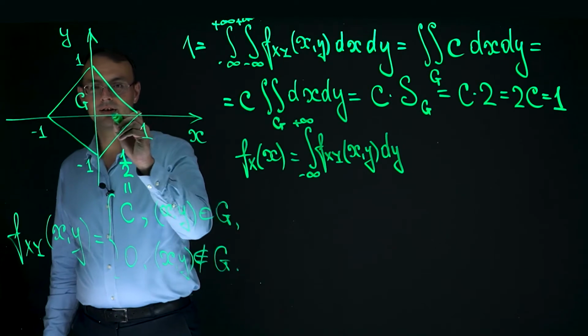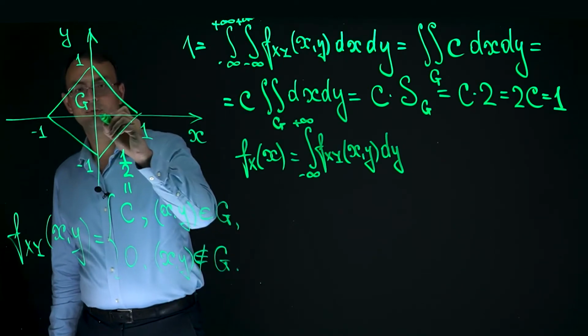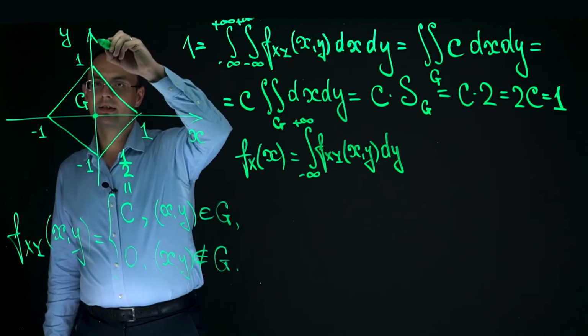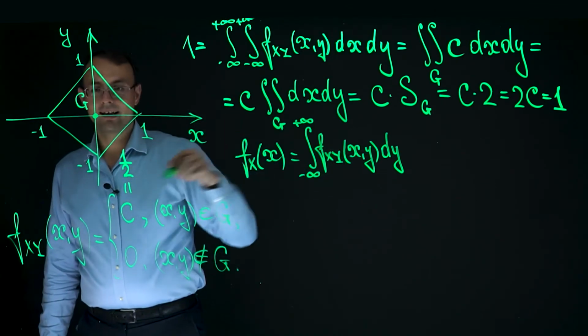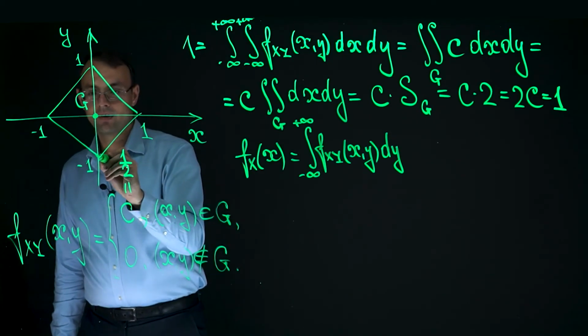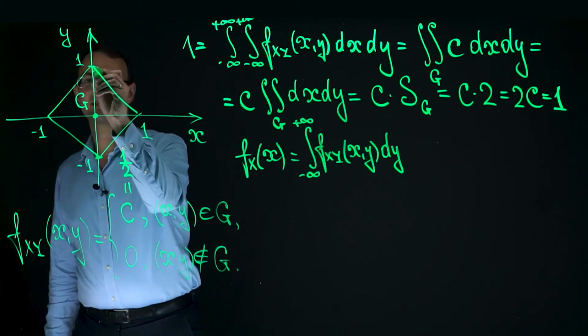If x is equal to 0 and we are integrating our function over y, the function is equal to C, 1/2, from -1 to +1.